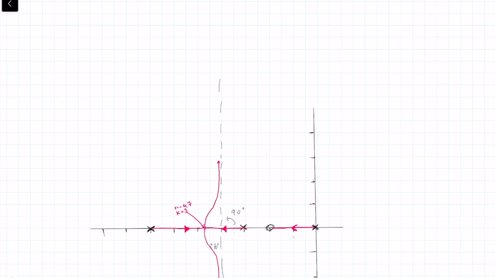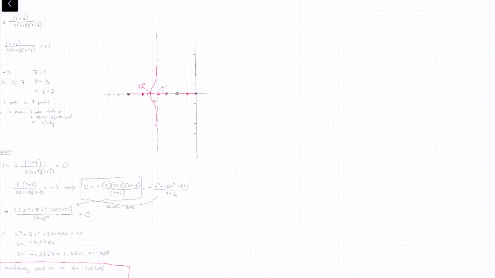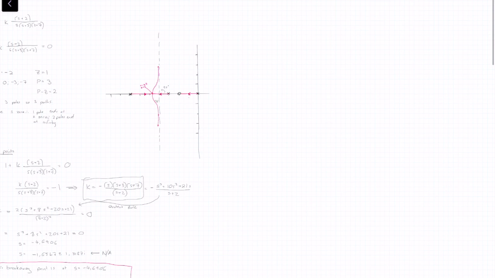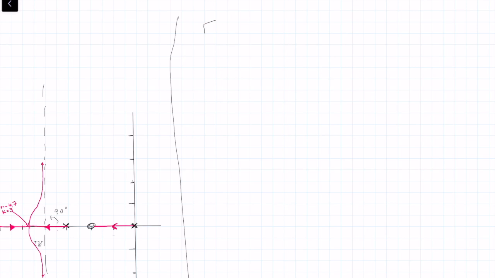Moving on now to our second example. So we have example 2. Example 2 says the control system has an open loop transfer function G(s)H(s) equal to K over s times s plus 2 times s plus 5.